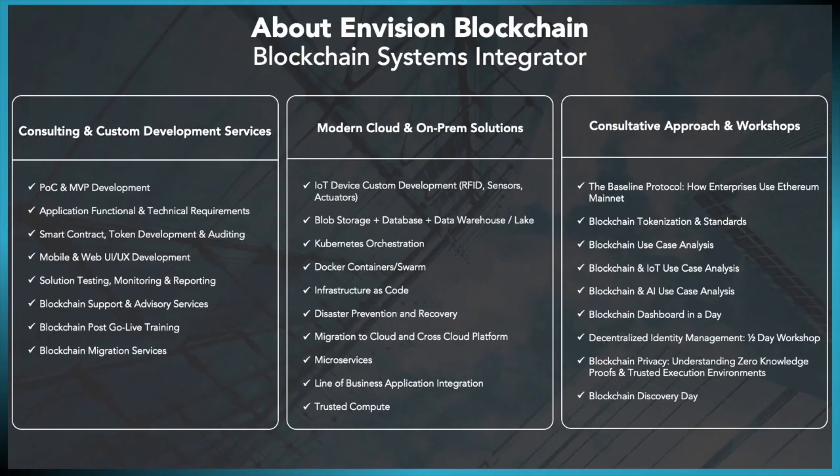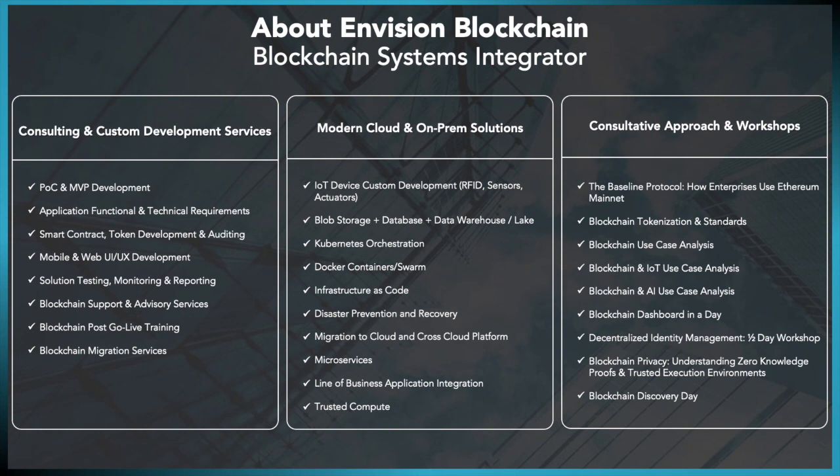Just a little bit about Envision Blockchain and the various ways that we can help you as a blockchain system integrator. Reading from left to right, we have a consulting and custom development services arm where we can help with proofs of concept all the way through MVP rollouts. We help with everything from mobile, web, UI, UX, smart contract development, and gathering functional and technical requirements, along with post-go-live support.